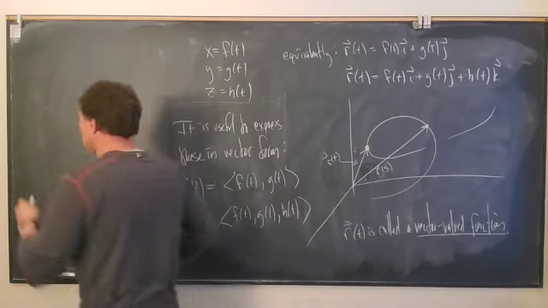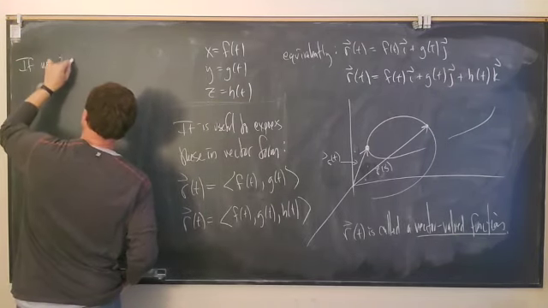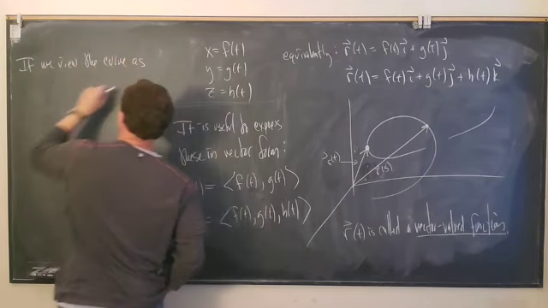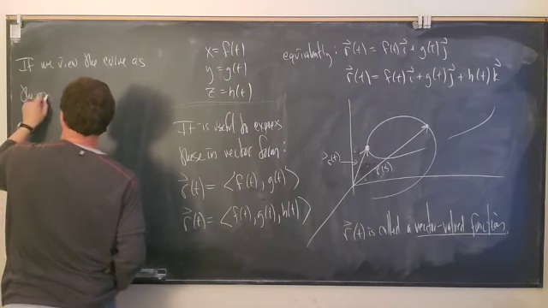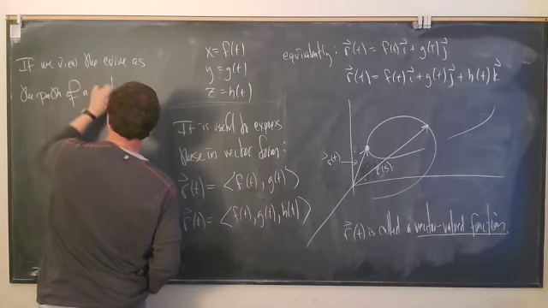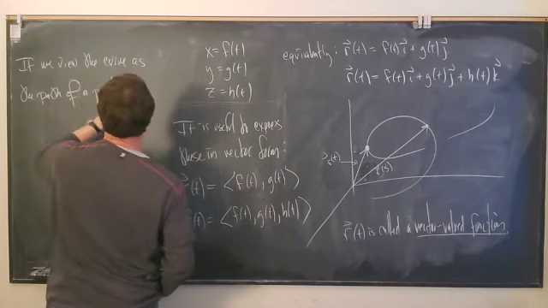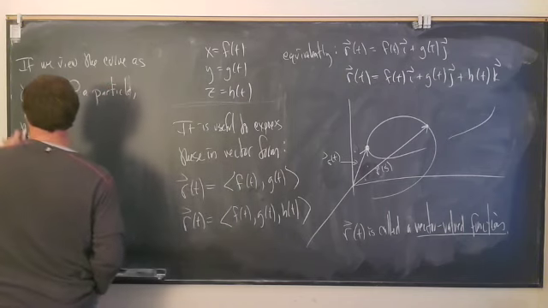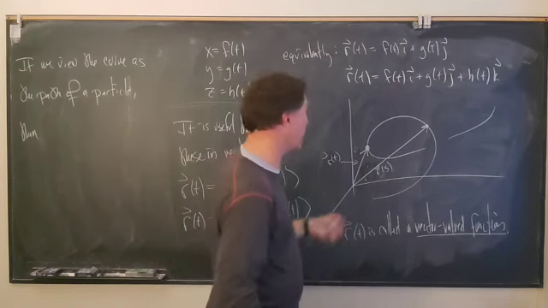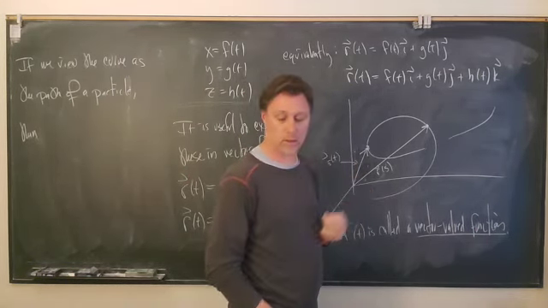So if we view the curve as the path of a particle, then you can think of t as time, and for each t we have a new position, and so r of t is called the position of that particle.